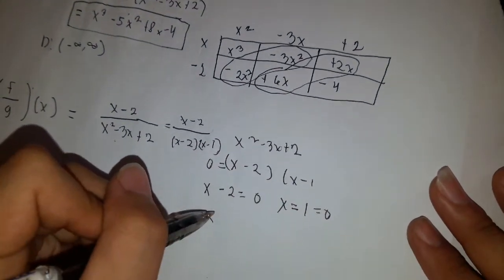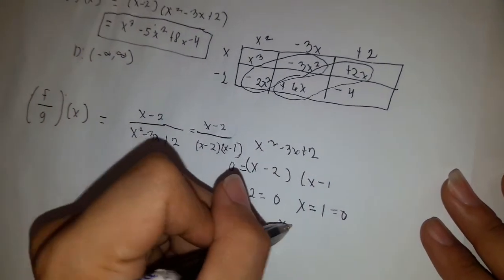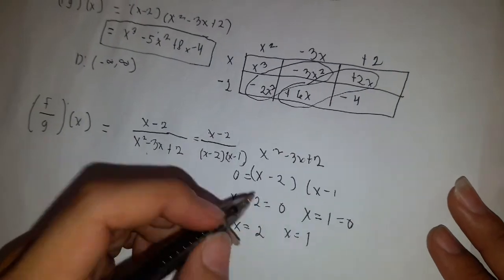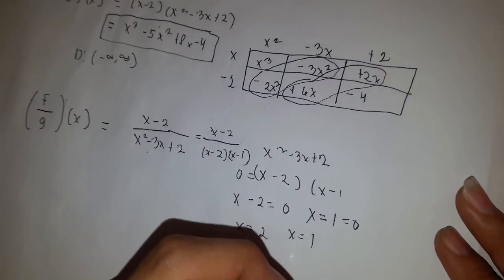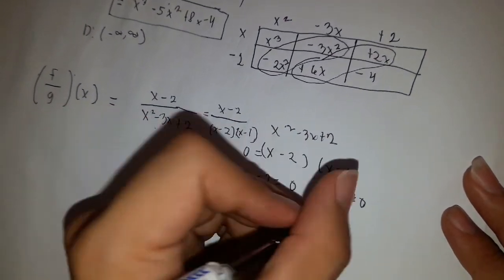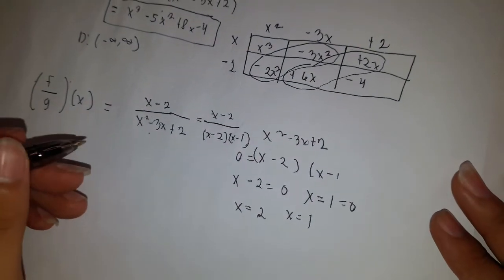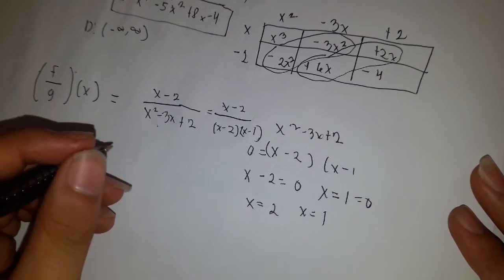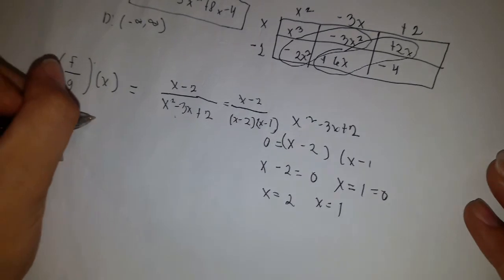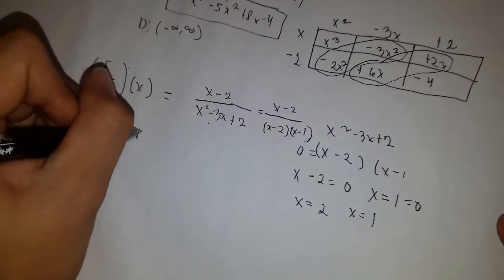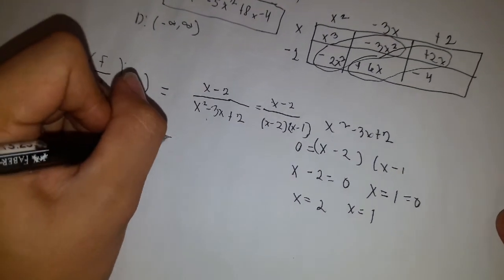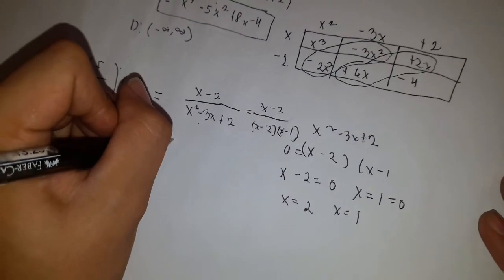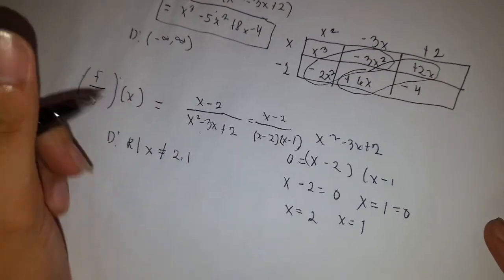So that I can say x equals 2, x equals 1: x minus 2 or x minus 1 makes my denominator equal to 0. When my denominator is equal to 0, that's not going to be in my function. So my domain is all real numbers such that x cannot equal 2 or 1.